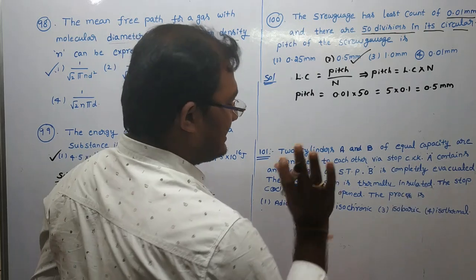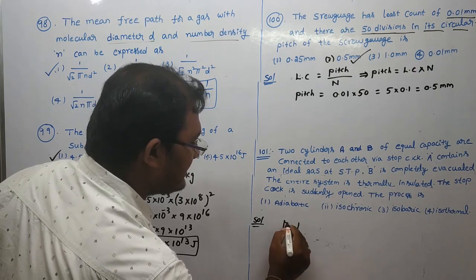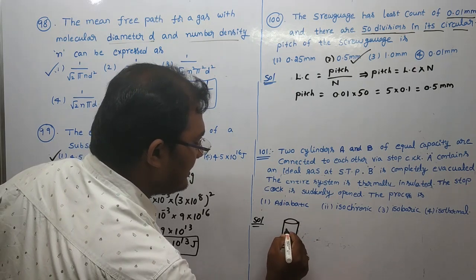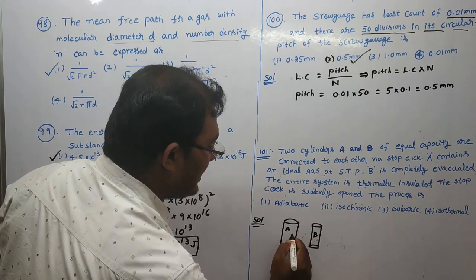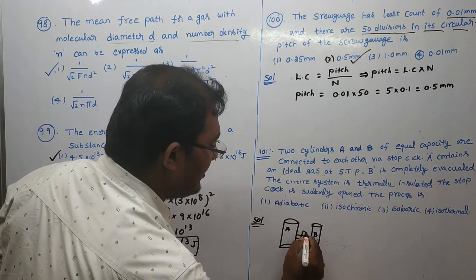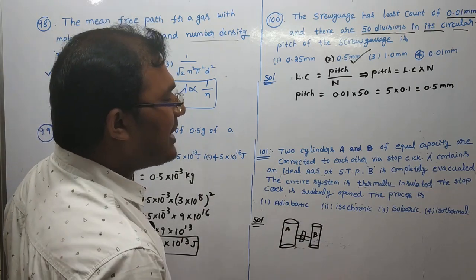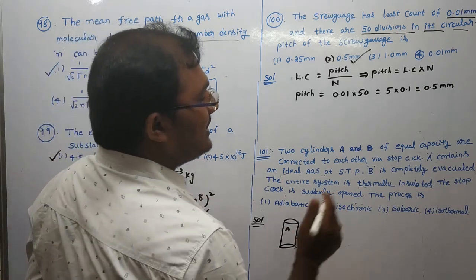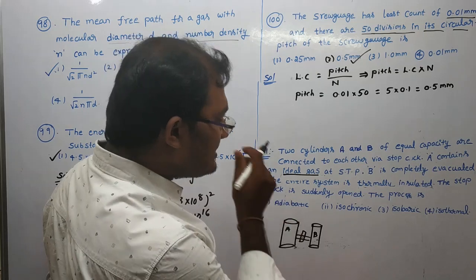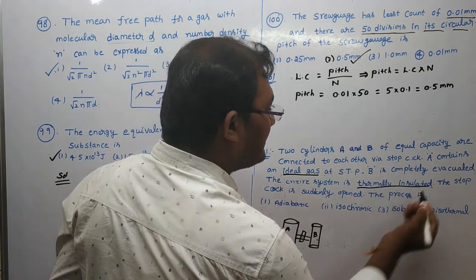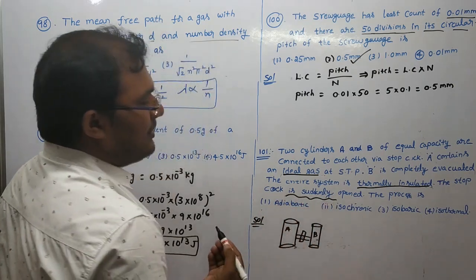The process is, here two cylinders A and B are connected by a rubber cork. A is filled with the ideal gas, and here we observe three conditions. First one, gas is ideal and the system is thermally insulated, and third one, it is suddenly opened.